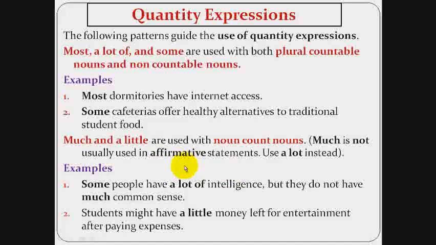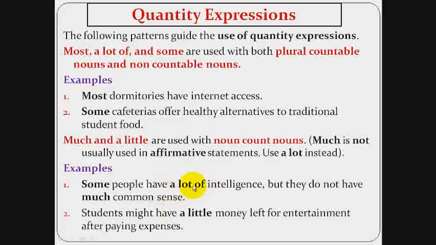It is okay. I can say "A little water is on the table." I can say "A little sand is in my pocket." So a little is used for affirmative statements.